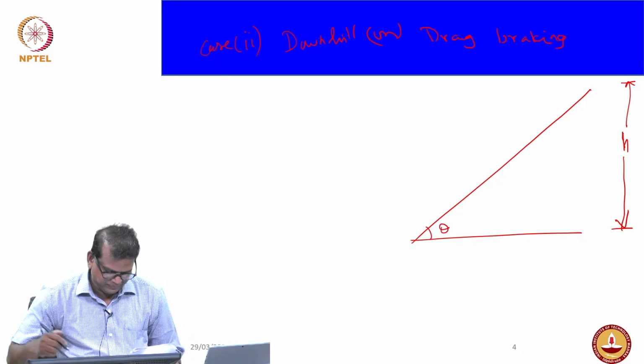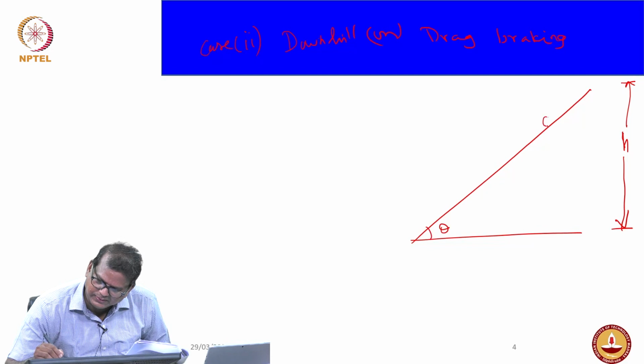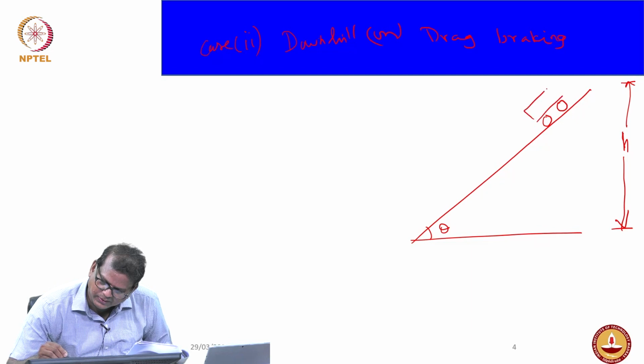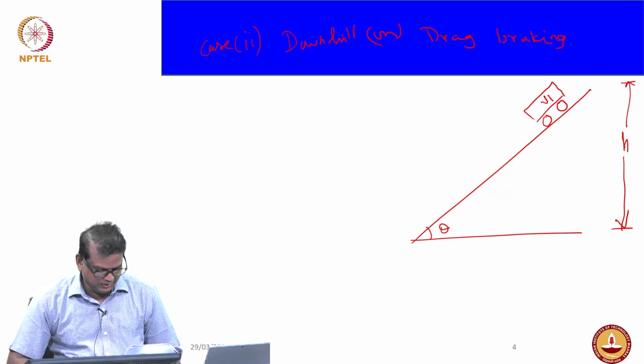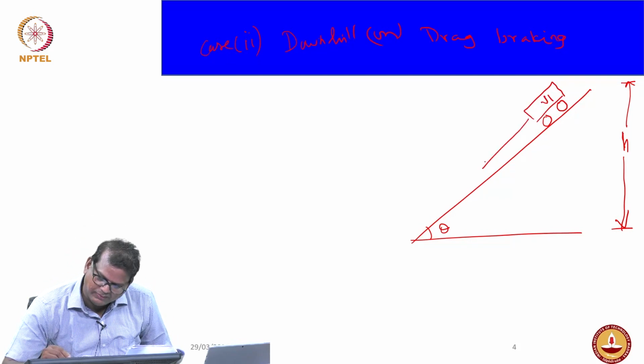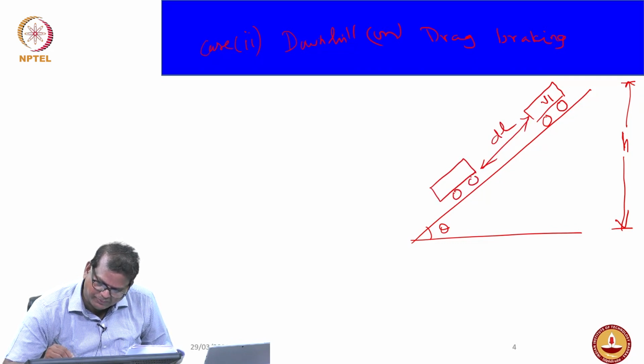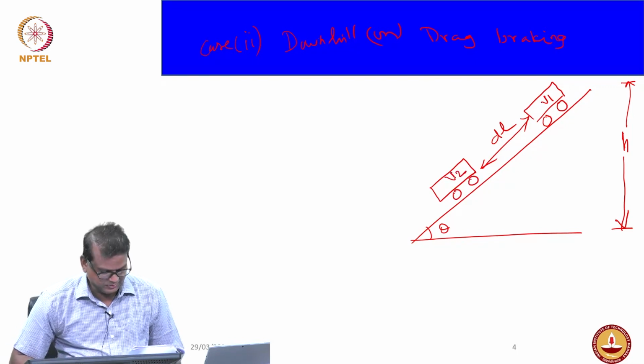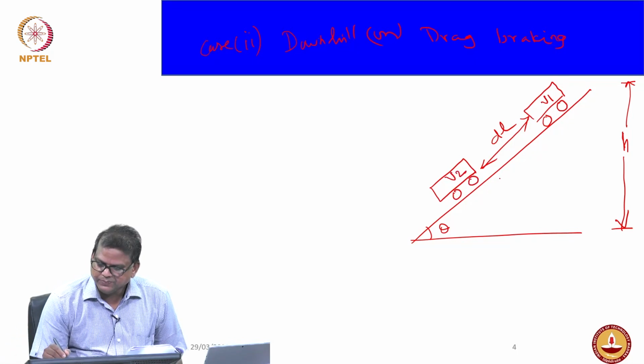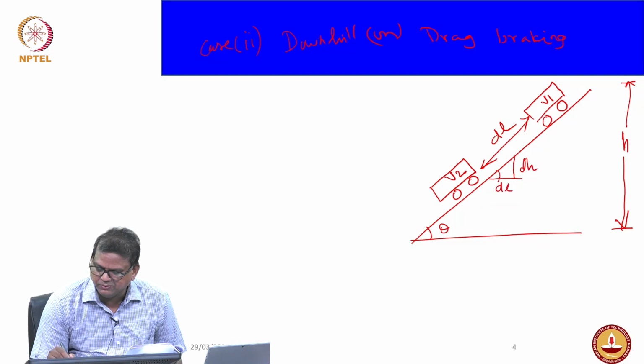Initially the vehicle is at this position moving with velocity V1, and it covers a distance delta L, with velocity V2 when you are applying the brake. So, in fact, you can even take the slope: this will be your dh and this is your dl.